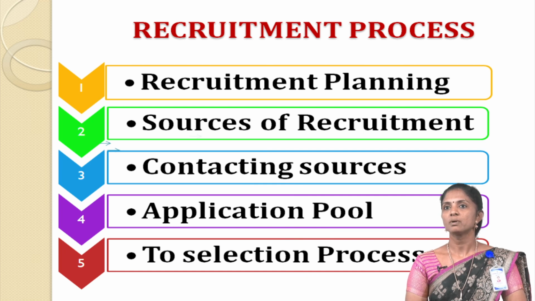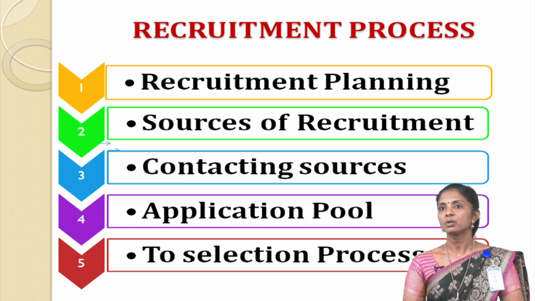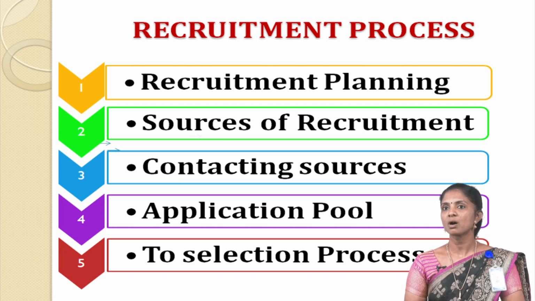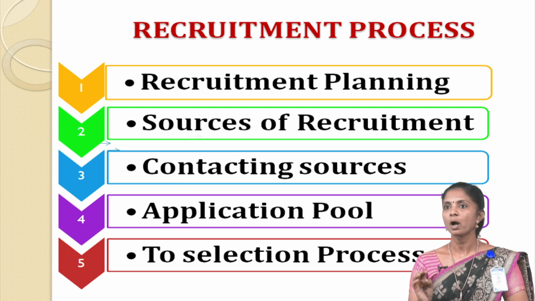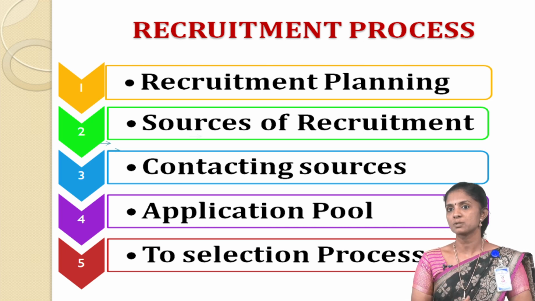So next, we explain the process of recruitment. Recruitment is the process consisting of various activities through which a search for prospective personnel, both in quantity and quality, as indicated by human resource planning and job description and job specification, is made.